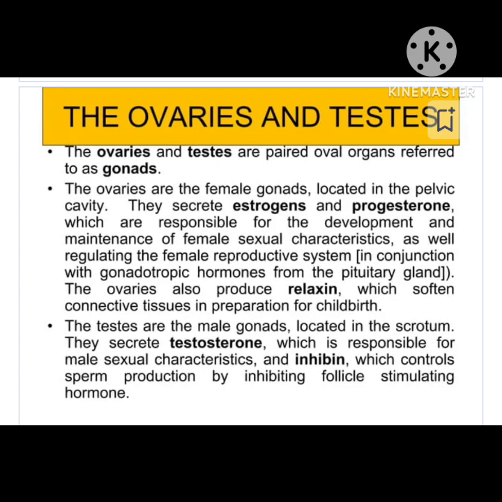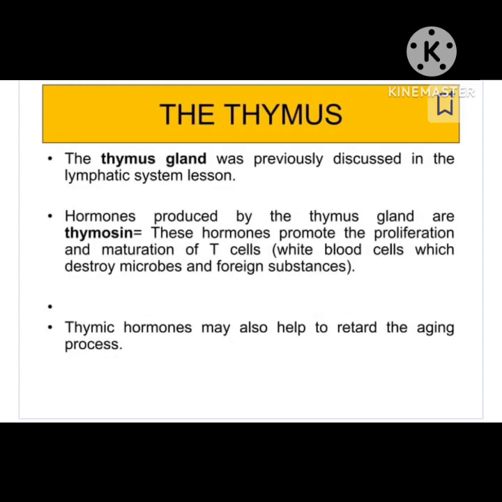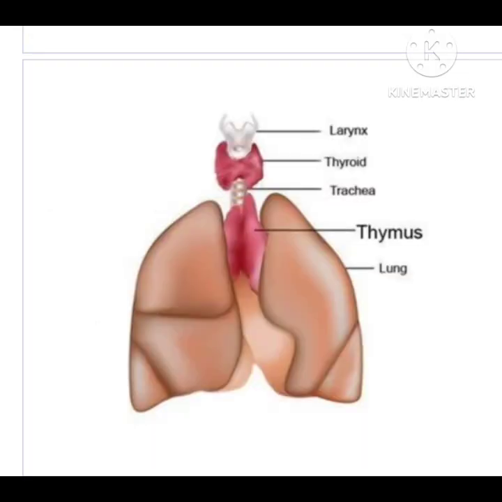So next is the hormones of ovaries and testes. Ovaries and testes are paired oval organs referred to as gonads. They secrete estrogen and progesterone. So next is thymus. The thymus gland was previously discussed in the lymphatic system, and the hormone produced by the thymus gland is thymosin.